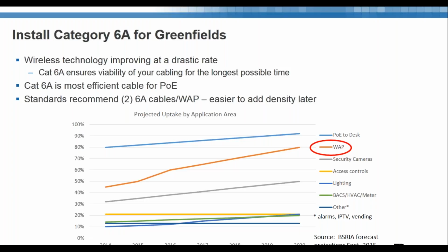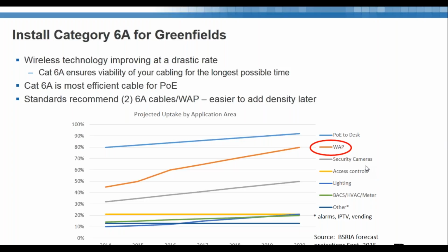So this is very important, especially if your access points are PoE enabled and you want to make sure you're using that technology. Category 6A has more copper and so is therefore more efficient for power usage. And again, I recommend two 6A cables per access point because it's much easier to add that density later.